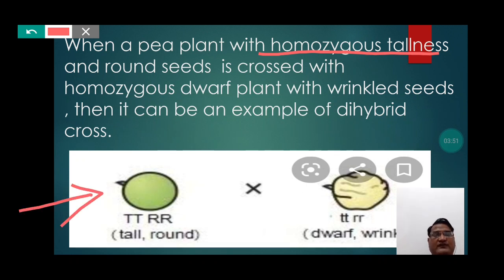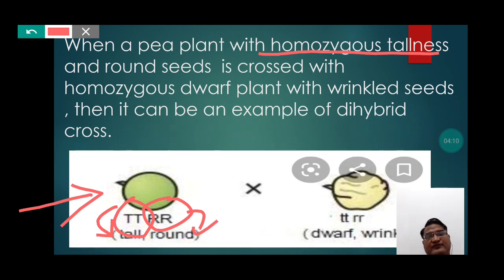Students, here we can notice that two identical genes are there which represent tall, and two identical round genes are there, capital R, which represents here the round.